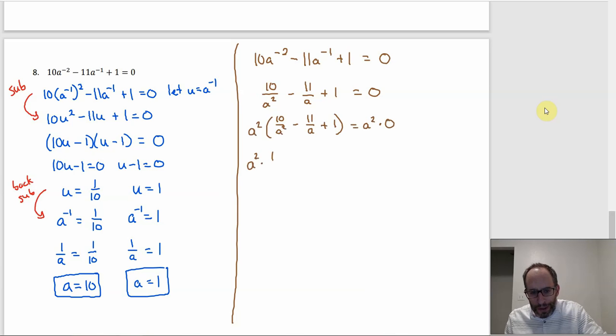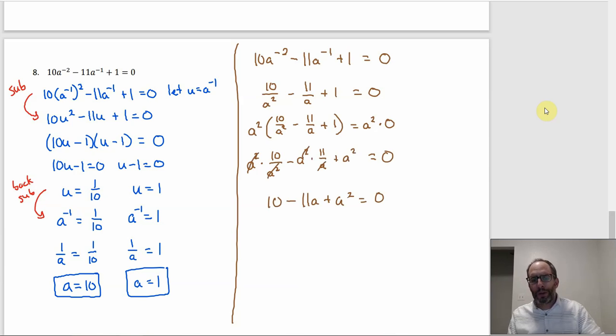So a squared times 10 over a squared minus a squared times 11 over a, and then plus a squared equals 0. All right, this first term, those a squareds are going to cancel, and that's just going to be a 10. Then here, the a in the bottom is going to cancel with one of those, so this will be minus 11a plus a squared equals 0. I'm going to rewrite the left side in standard form as a squared minus 11a plus 10 equals 0.